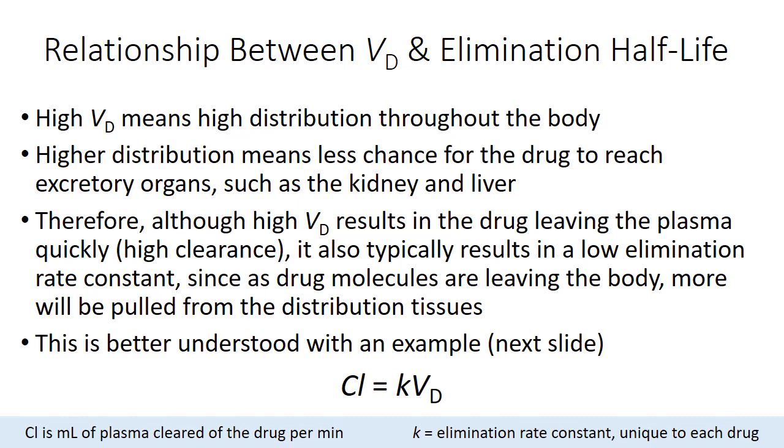So the half-life will be much longer if you're talking about the total body half-life, and we have to be very clear on that. Are we talking about plasma or the total body? Right now I'm talking about the drug actually leaving the body. If you could somehow quantify the entire drug in the whole body, the rate of it leaving the body would generally be slower if the drug is distributing to more diverse tissues and at a higher amount.